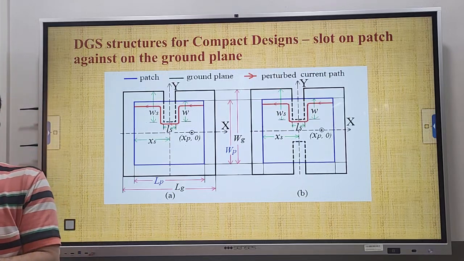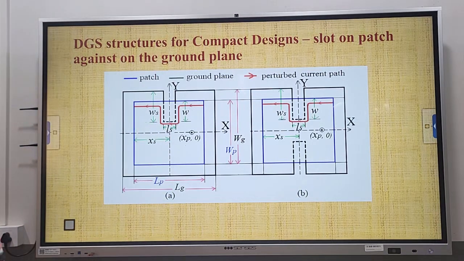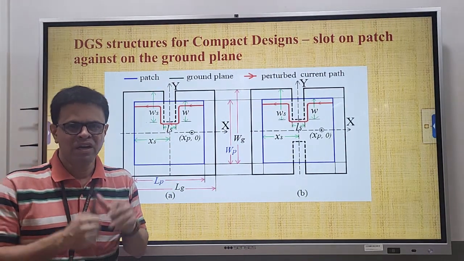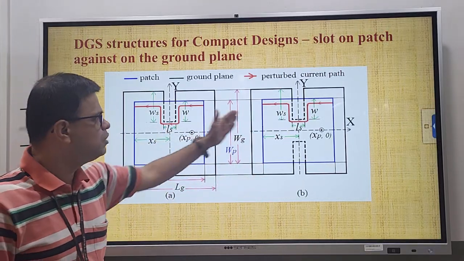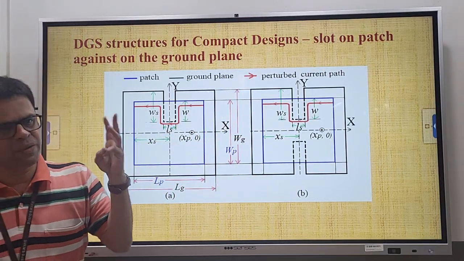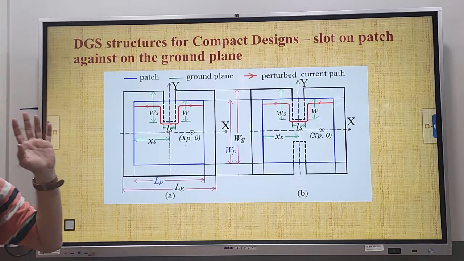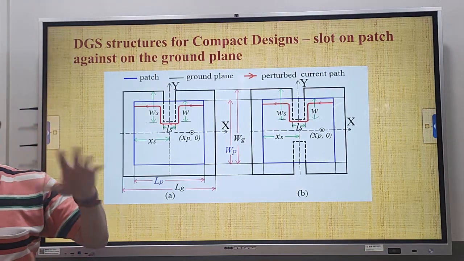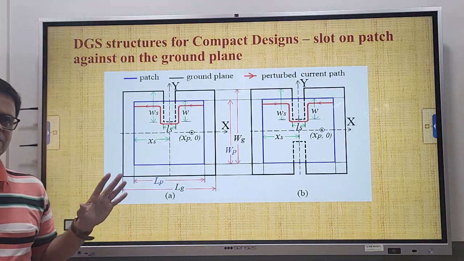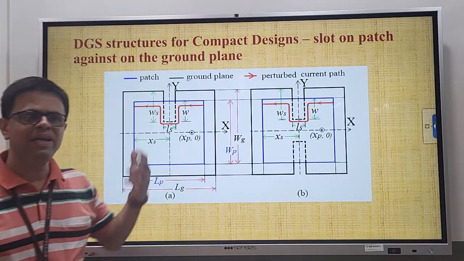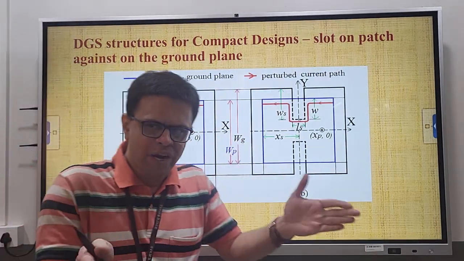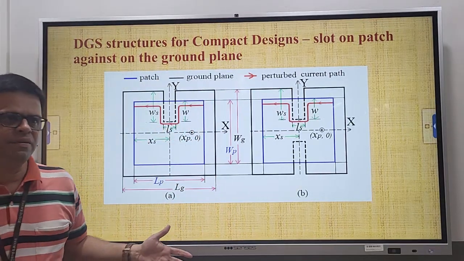And we have made a comparative analysis for slot on the ground as well as slot on the patch, a detailed comparative analysis for different slot configurations. Right now I have just shown the two cases for C shape and H shape. All possible slot cut configurations, bow tie, center slot, two slot, everything has been carried out. And what we have observed is that the slot on the ground plane and the slot on the patch provide more or less similar reduction in the frequency.